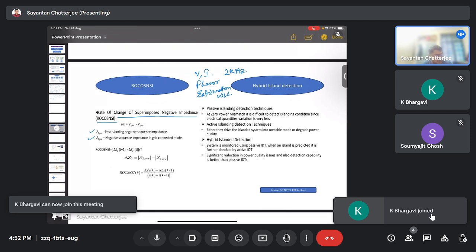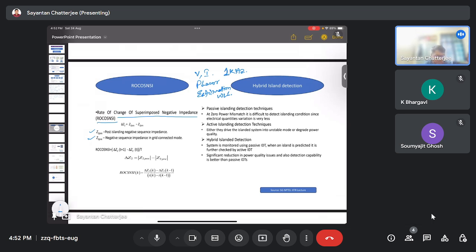Once the negative sequence impedance is found out using these WLS phasor estimation techniques, we can find Z2 pre and Z2 post, because this is the negative sequence.